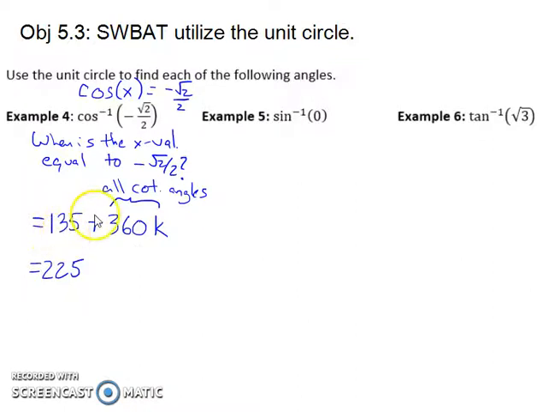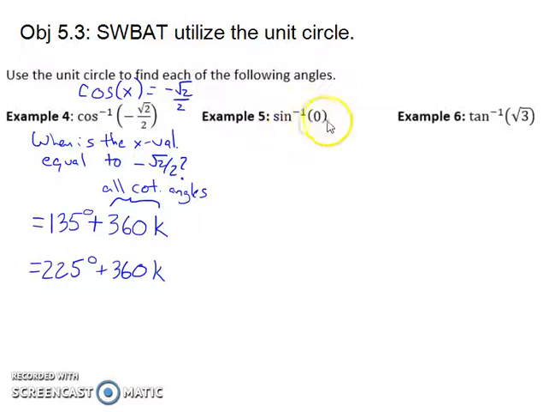It basically says this angle we were looking for and all coterminal angles that go with it. It just covers everything it possibly could. So we'll do that for 225 also: 225 degrees plus 360k. Now obviously, it's really easy to remember to add this, but it's also very easy to forget. So just make sure if you're finding the angle that you include all coterminal angles.